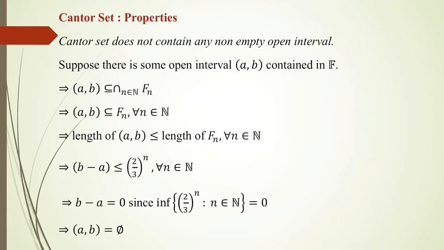Okay. Again, we said that we started with an interval of length 1 and we removed open intervals whose total length is 1 to construct the Cantor set. Still the Cantor set is an infinite set. Started with an interval of length 1, removed intervals of total length 1, still it is an infinite set.